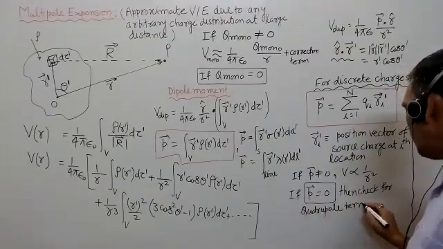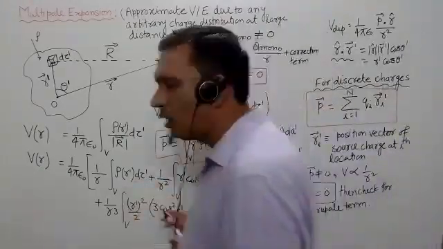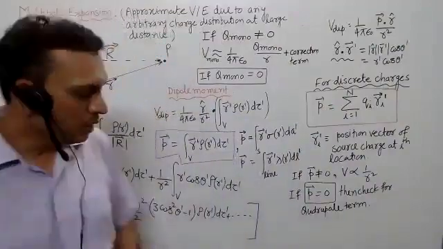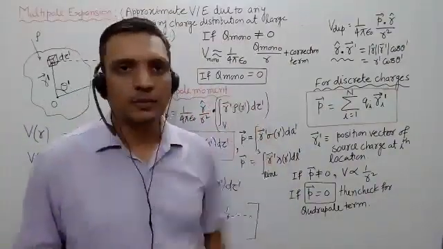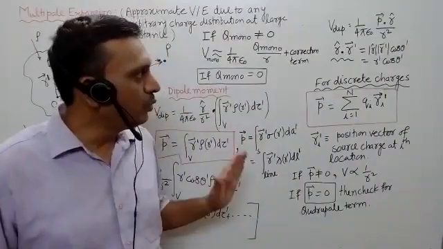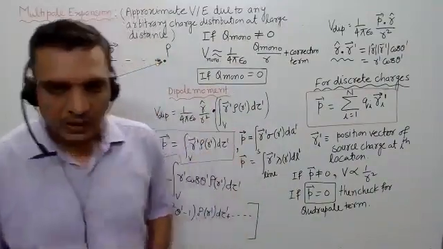So in multipole expansion, you can check up to the third term only. That is the limitation. You cannot go beyond the third term. So that is the limitation of multipole expansion. Is it clear?